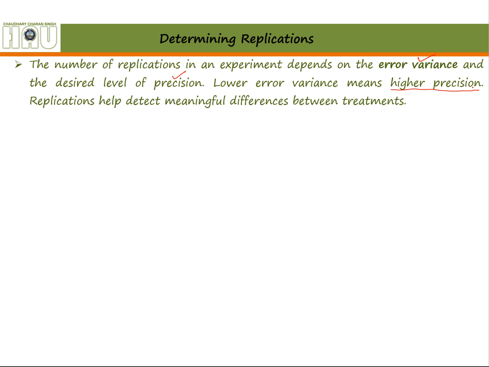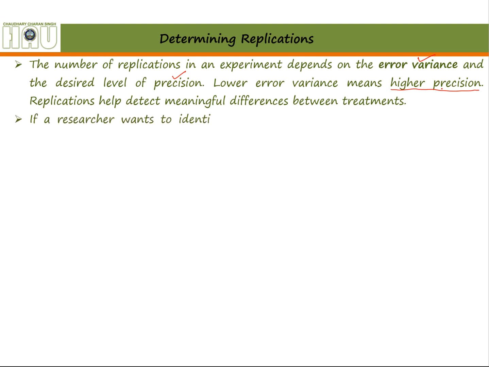If you have less error variance, then of course you have higher precision. So replication is used to detect meaningful differences between the treatments.